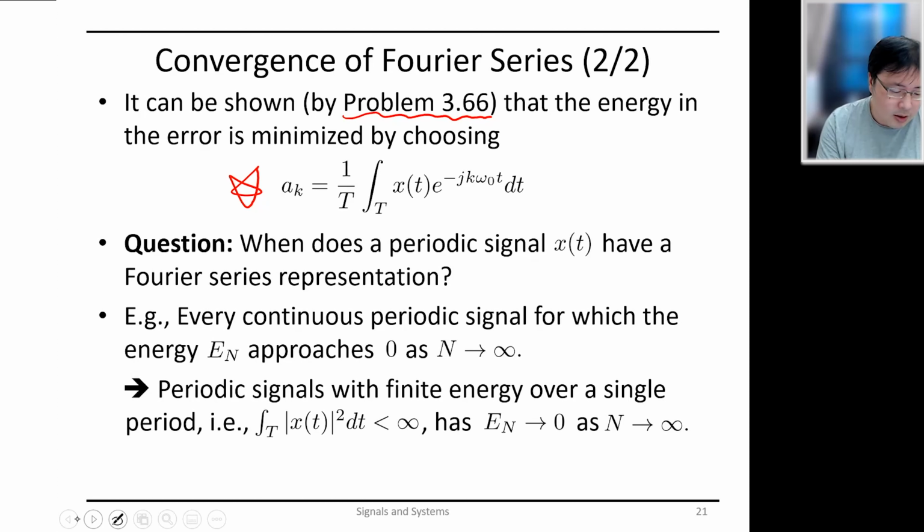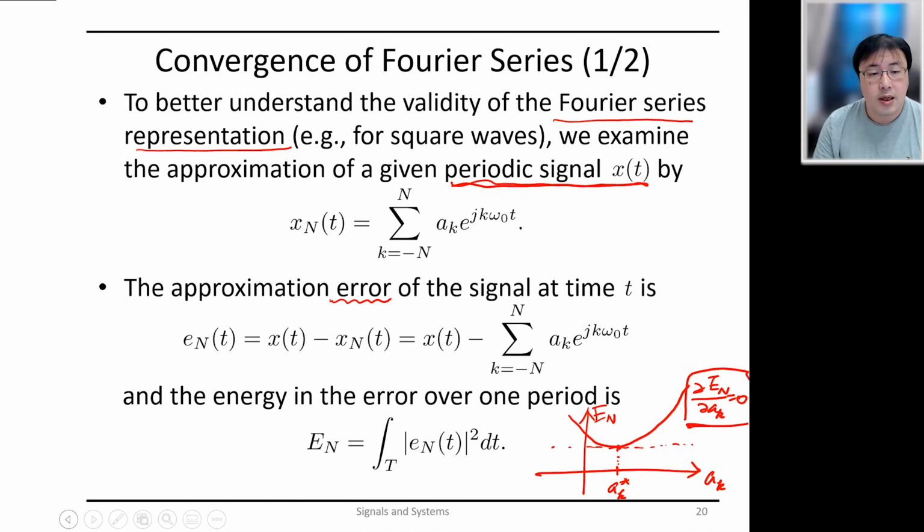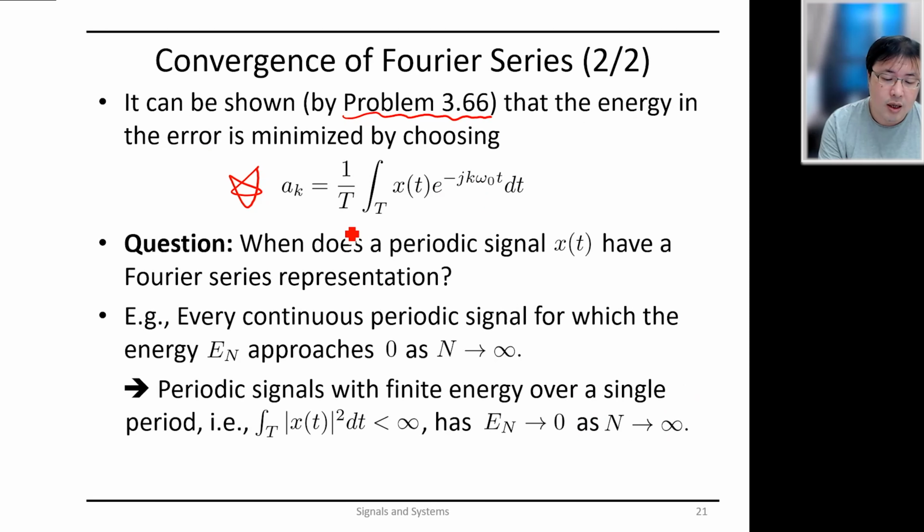Okay, but the point I want to mention here is that, if you want to find a truncated Fourier series to approximate the signal x of t, then the choice of linear coefficients that minimizes the error energy would be the Fourier series coefficient.